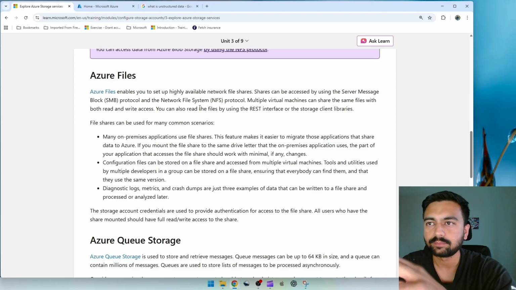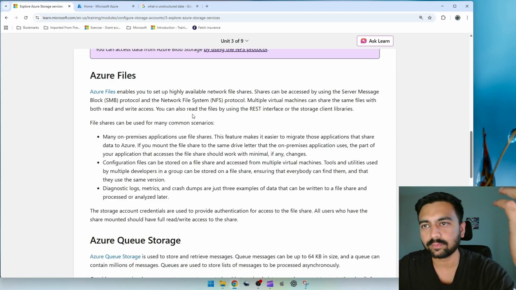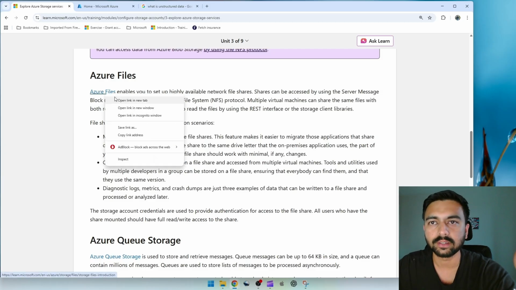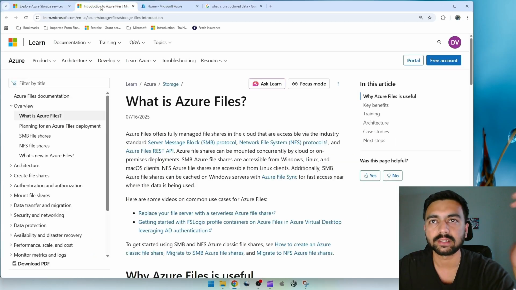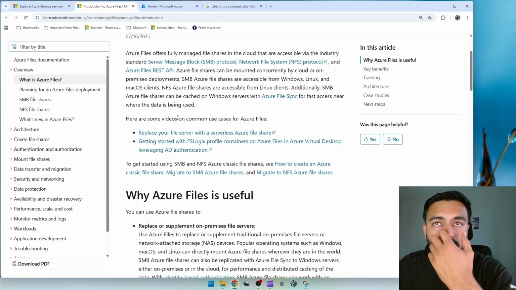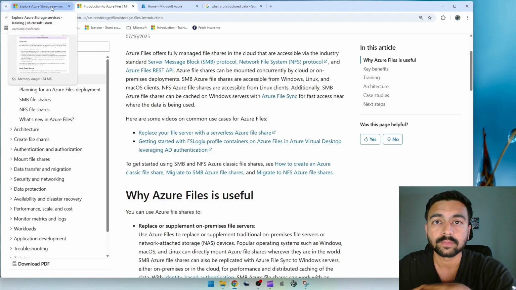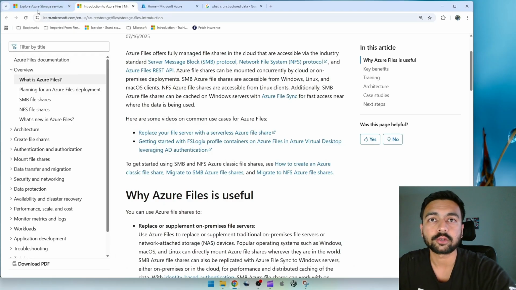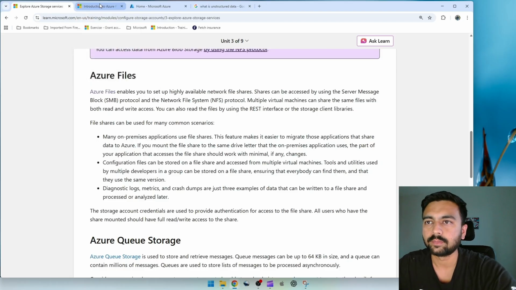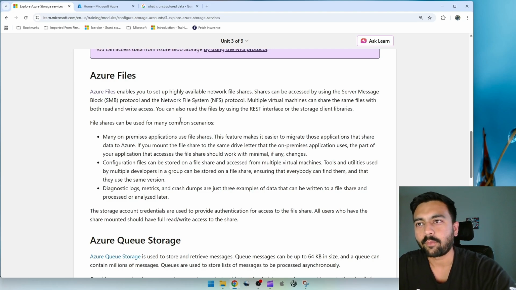This is a little geeky and technical, so of course you can navigate to this link and learn in detail what it is through the official documentation page. But you're just going to have to remember what type of protocol the Azure Files storage uses. So what is Azure Files?